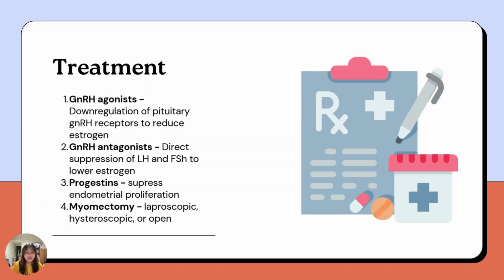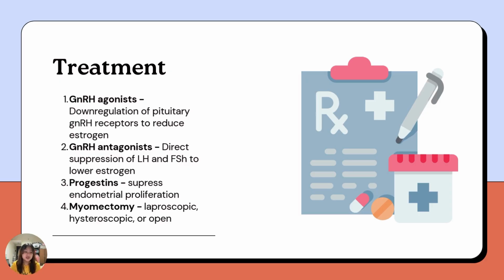And lastly, for the treatment of the patient, its management depends on the severity of symptoms, the size of the fibroid, and whether the woman still wants to have children or they still want to be fertile. So, medical treatments include GnRH agonists, which downregulate the pituitary receptors to reduce estrogen and progesterone.